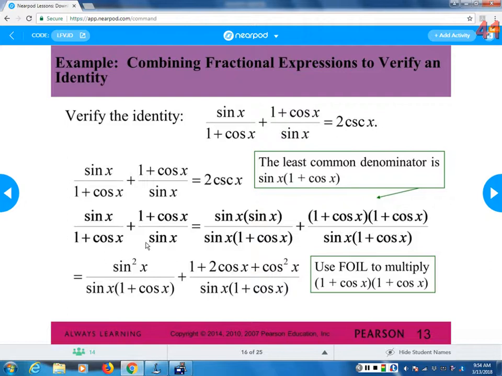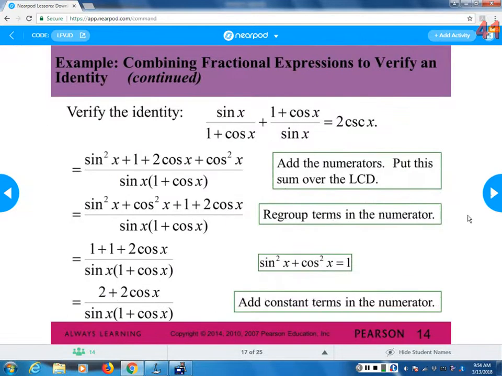The least common denominator, they added them, FOILed it. They added the numerators. We put this sum over the LCD. And sine squared x plus cosine squared x was 1.